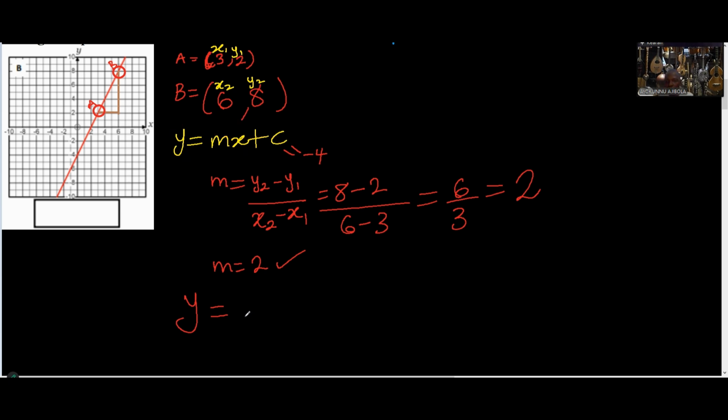So m is 2, so y equals 2x plus c, and c is minus 4, right? So this plus will go away, because plus times minus is minus. So finally, y equals what? 2x minus 4. That's the equation. Okay?